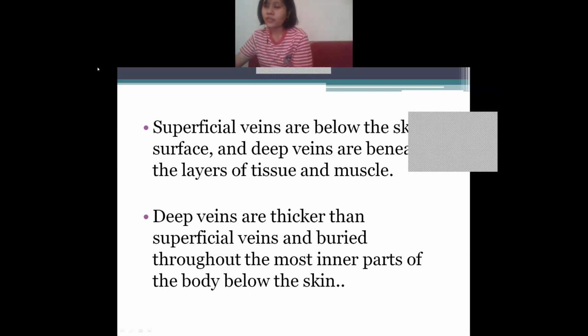The function of the deep veins is that they receive blood from the superficial veins, and they pump it into the heart again. Did you all understand?